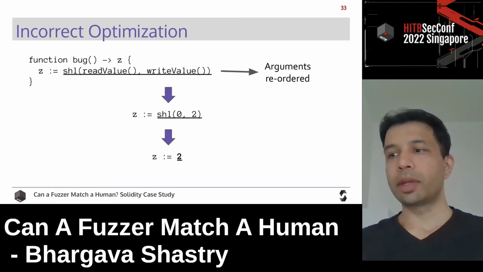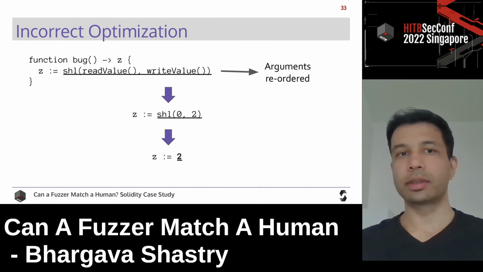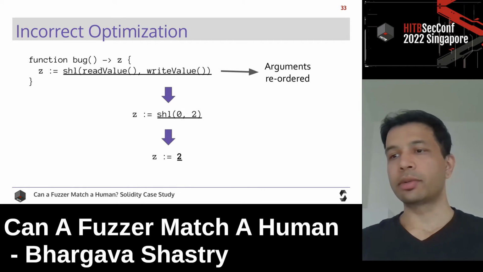So we could optimize the program by applying this rule. When we do it, the program looks like this. Note that the function calls on the right hand side have been reordered. So read value appears before write value. And also note that we are evaluating from left to right.